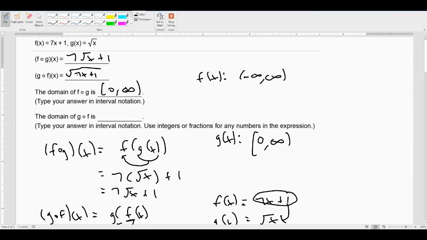We have to look at the domain of the square root of 7x plus 1, which is what we're trying to find. We already know that you can only take the square root of numbers that are greater than or equal to 0, which means that 7x plus 1 must be greater than or equal to 0. So we're going to solve this inequality. Subtract 1 from both sides and divide by 7.